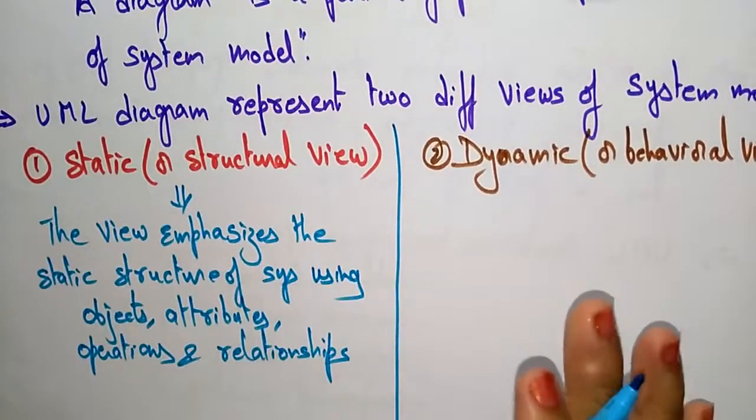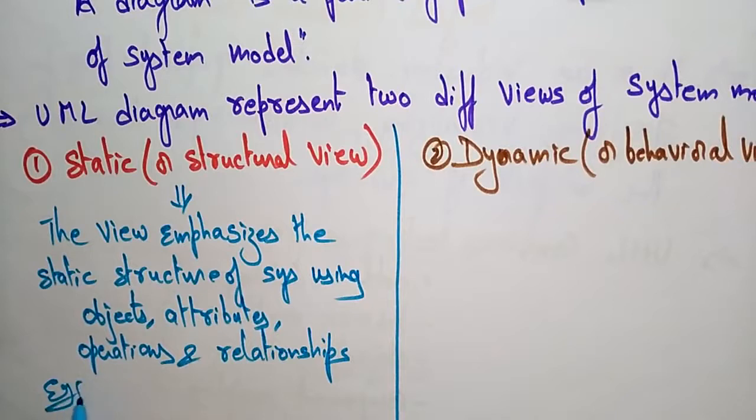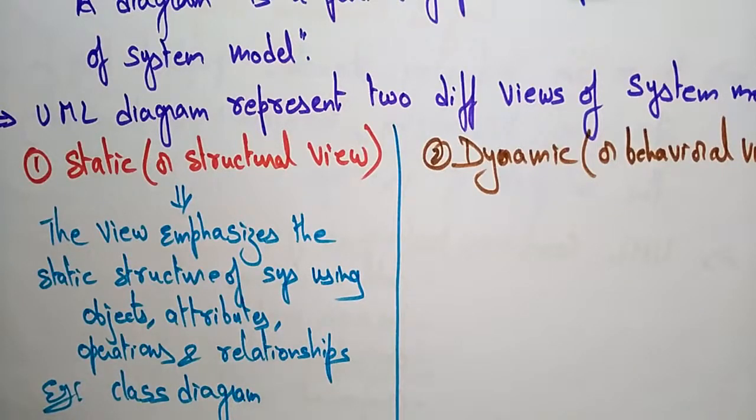That is what you call a static view. And what is the example for this? The static or structural view example is the class diagram, or you can take the composite structure diagram also.